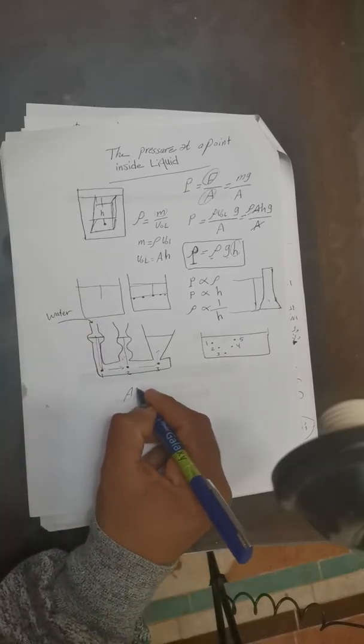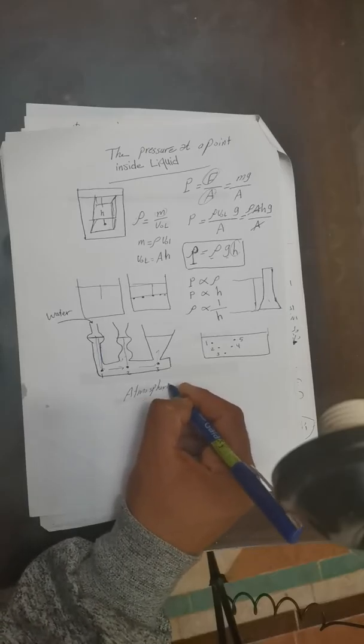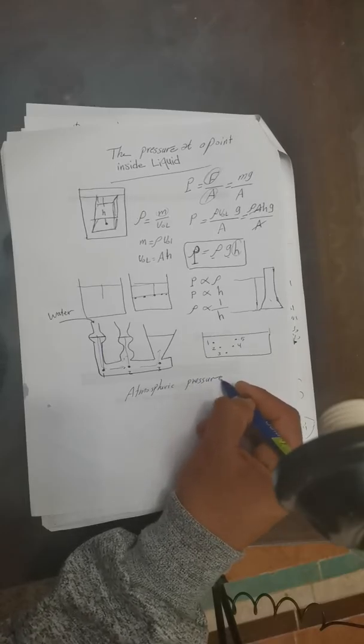How can we measure the atmospheric pressure? Torricelli, one of the greatest scientists, built a barometer, the device used to measure the atmospheric pressure.